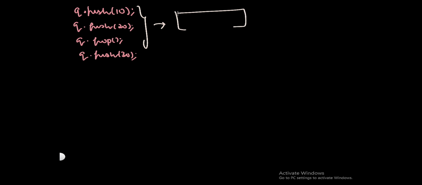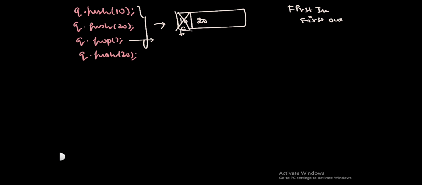Initially my queue would be empty, there would be no element in it. Then 10 is inserted into the queue, then 20 is inserted into the queue. And when we pop an item from the queue, 10 will be popped out because the order is first in first out.